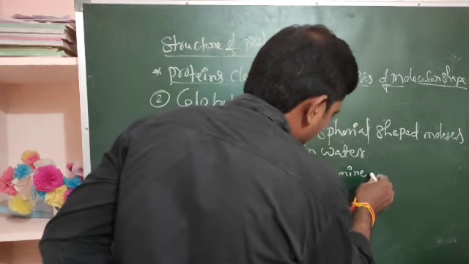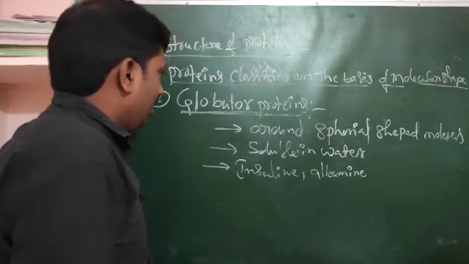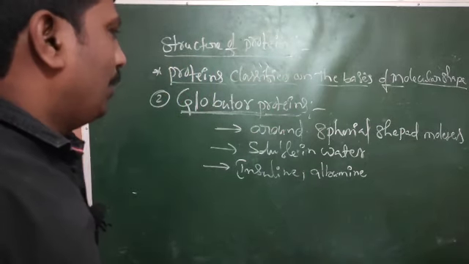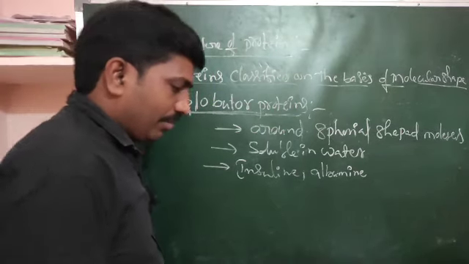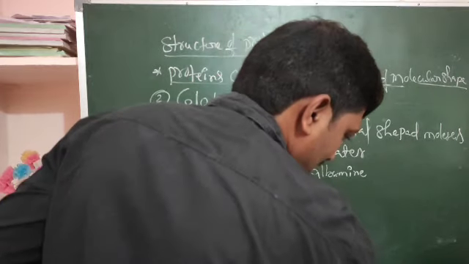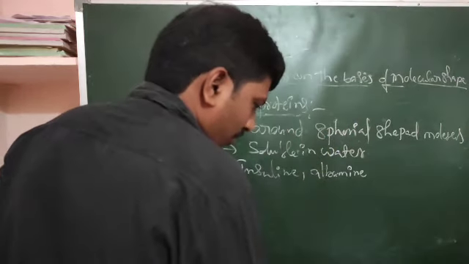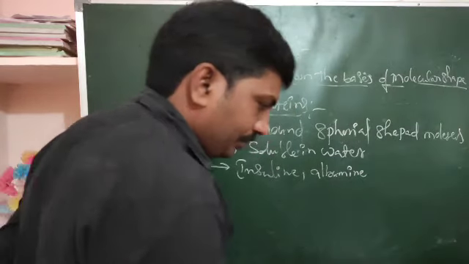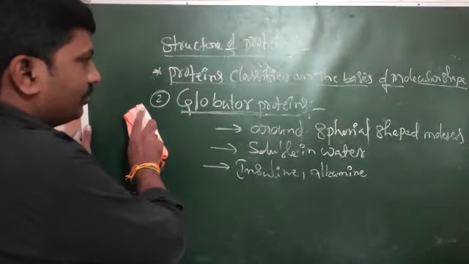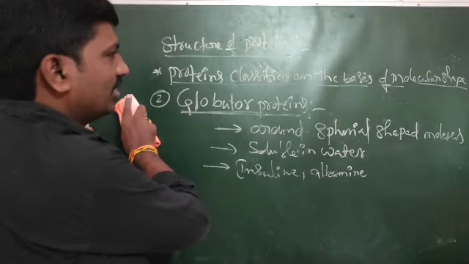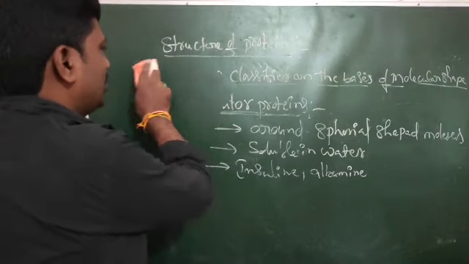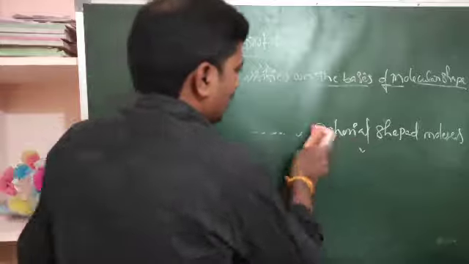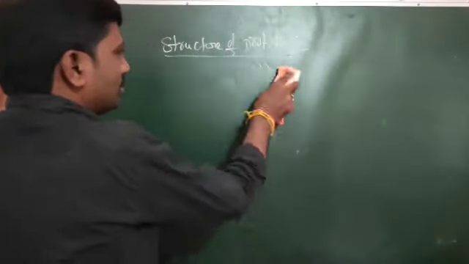Insulin and albumin are the best examples for globular proteins. So this is fibrous proteins and globular proteins. These are the two classifications based on their molecular shape, and some examples we also discussed.